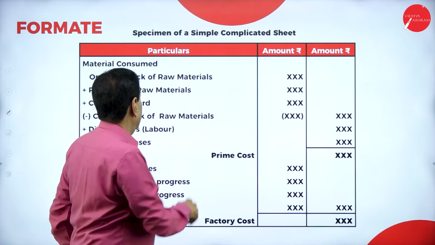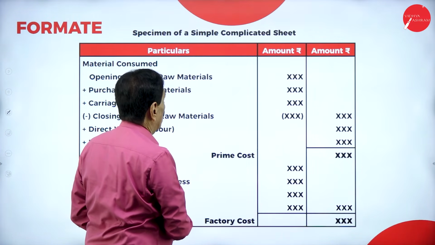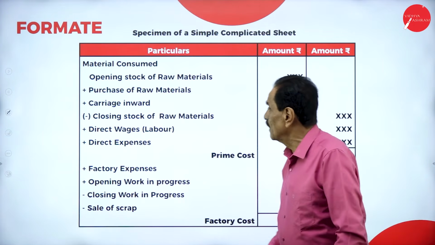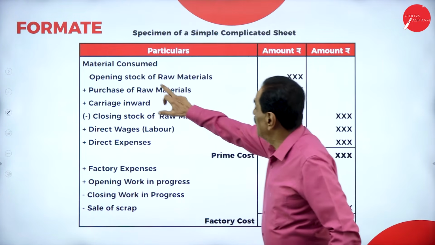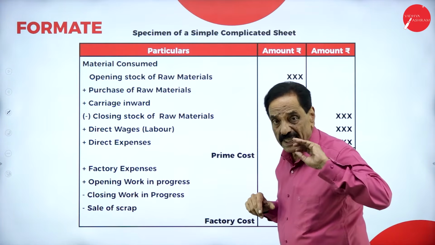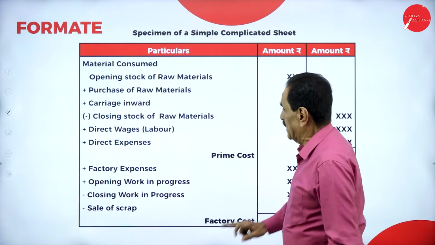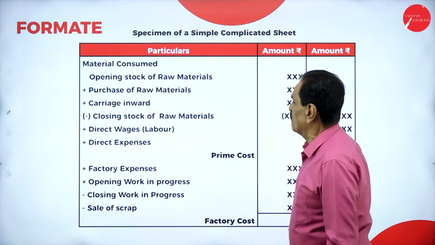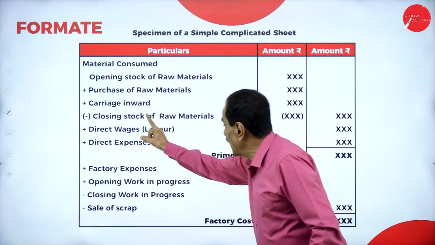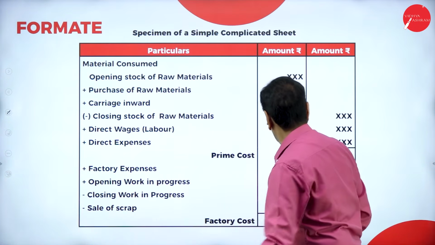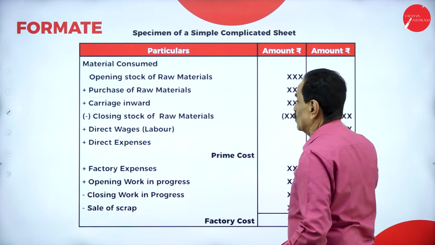Now go with a complicated specimen, a complicated cost sheet, we say. How will it go? Material consumed: opening stock of raw material plus purchase of raw material plus carriage inward minus closing stock of raw material is material consumed.